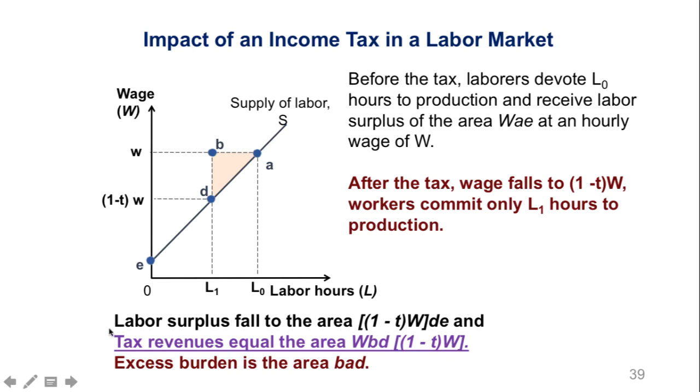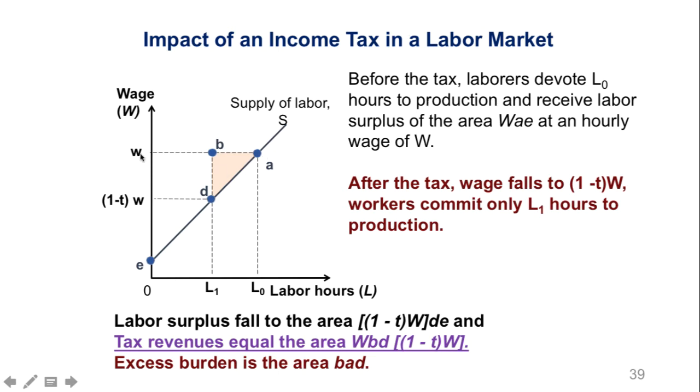So there is a labor surplus. Remember, any surplus in the market for the suppliers is the amount above the supply curve and below the market price, and for the buyers it is below the demand and above the market price.